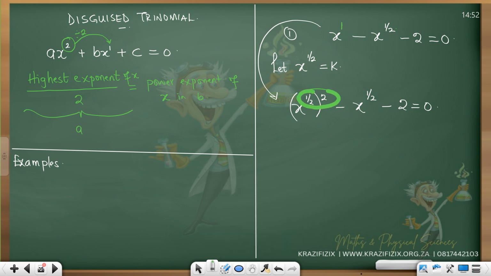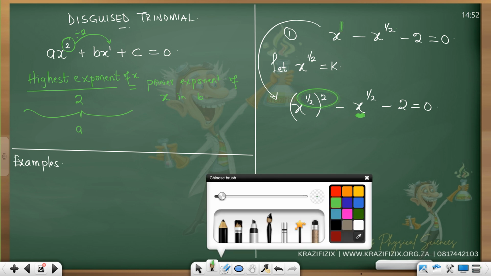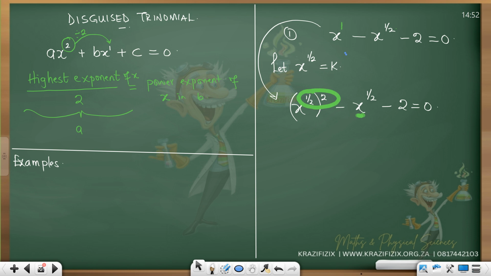Half times 2 is the same thing as 1. So I have not changed this equation. I have only written this equation in terms of x to the power 1 over 2. So first I rewrote the equation.